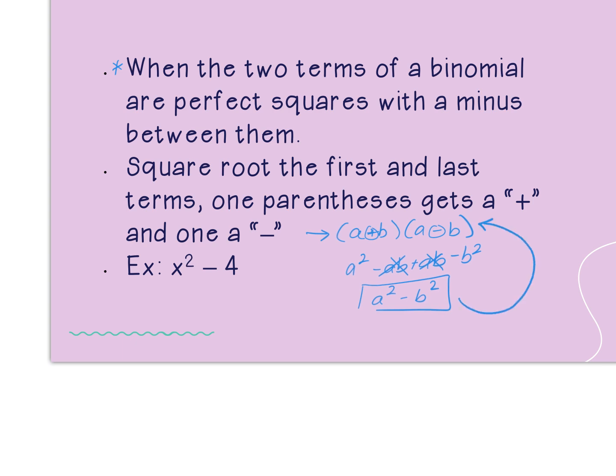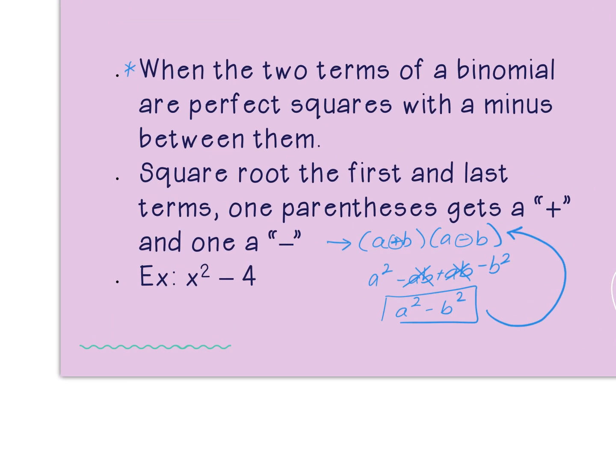So if your two terms each have a perfect square, they have a square root, and they're separated by a minus sign, that's a difference of squares, and that's when you apply this. Notice that this is x to the second power. This one here is 2 squared, and notice that there's a minus.